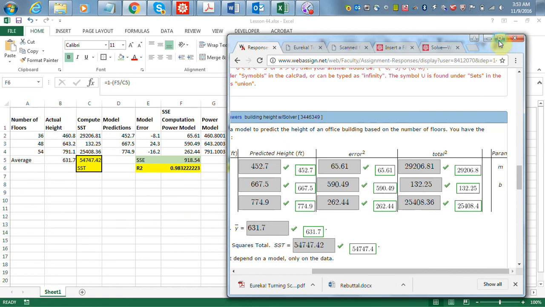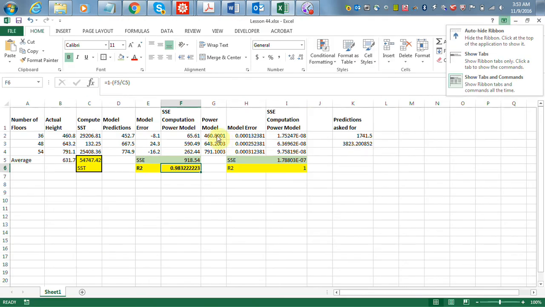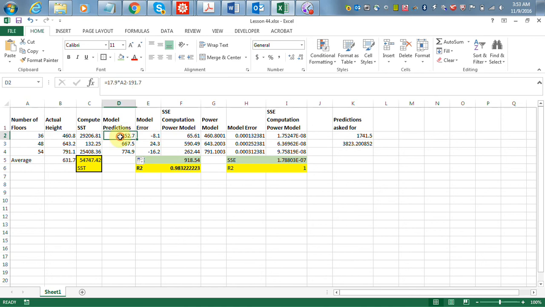The M and the B were 17.9 and minus 91.7. And we got that. There's the model prediction. 17.9 was the M and the B was minus 191.7. So perfect.